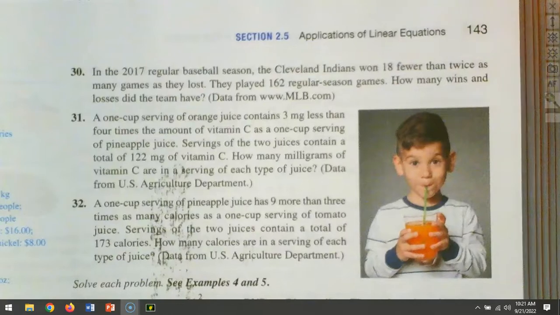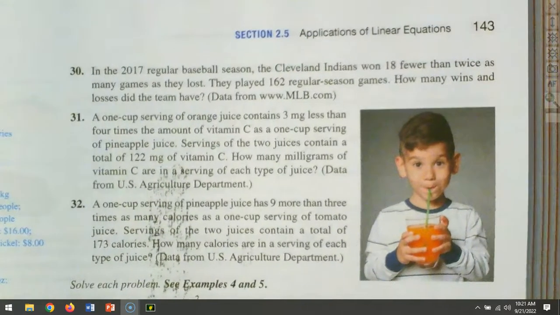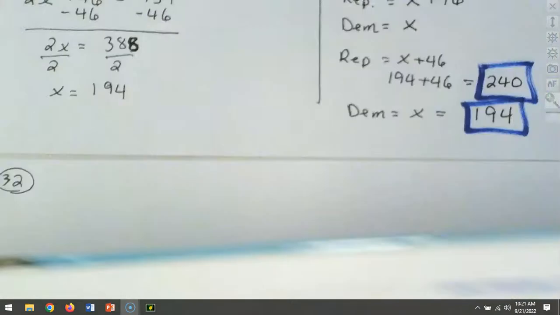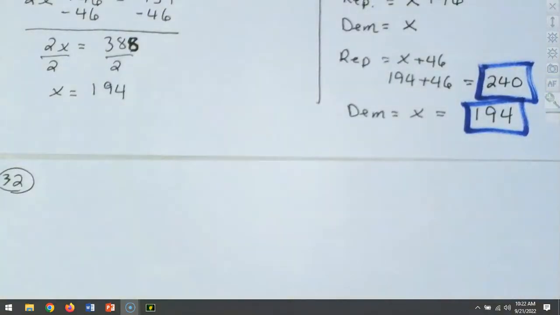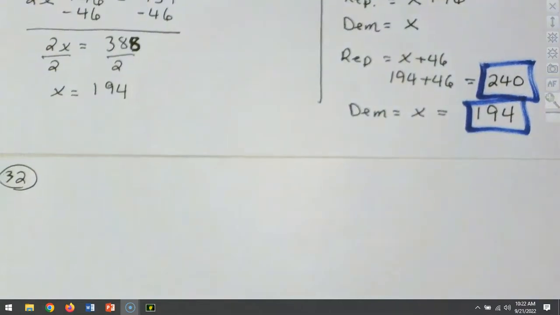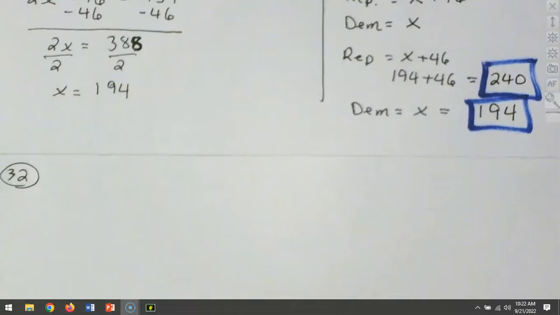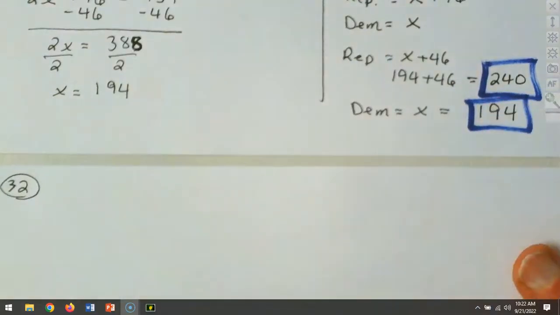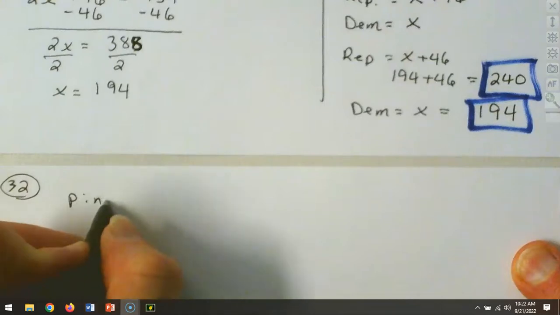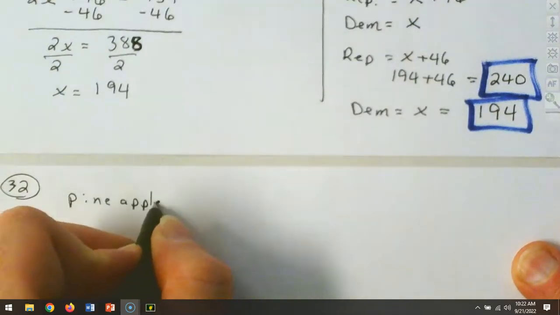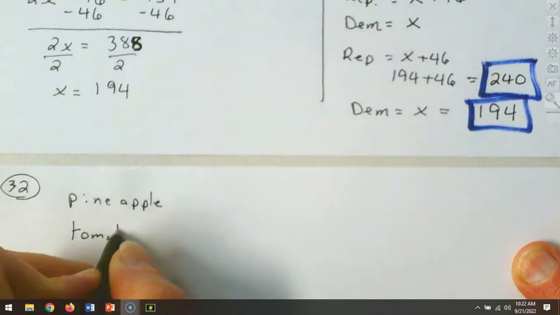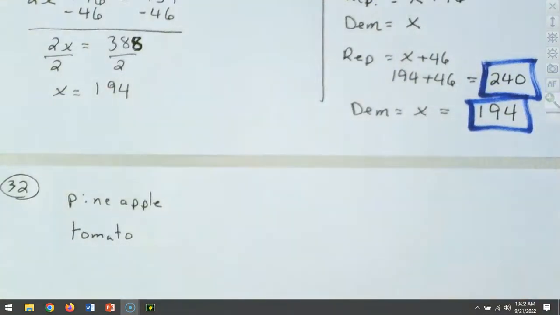So again, first thing I do is I recognize that this is a total. And what are we looking at here for my total? What two types of juices do we have? We've got pineapple juice and we've got tomato juice. So those are our two types of juices that we're looking at here.